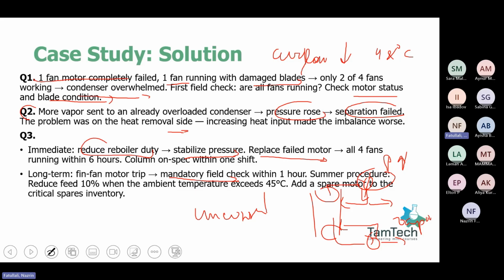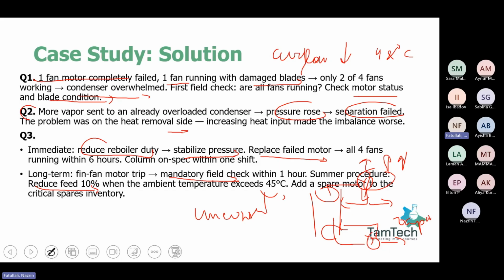It means that you need to reduce your feed by at least 10% when your ambient temperature exceeds 45 degrees. It's a rule of thumb, because in summer the temperature is already high. It adds a little bit more temperature to your system, and if you reduce your feed, the condenser will not be overwhelmed and will work properly.